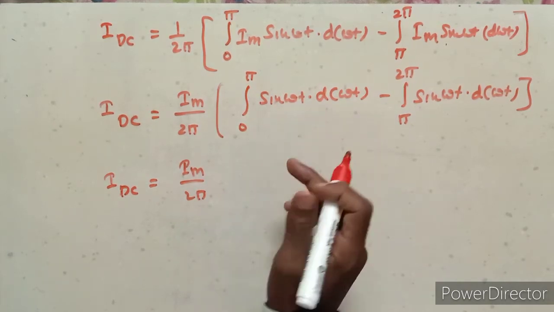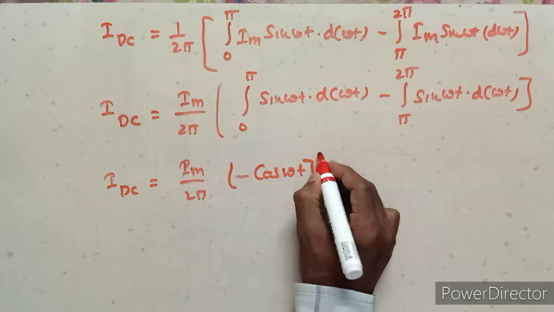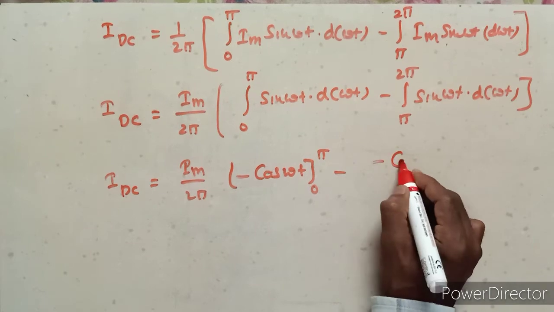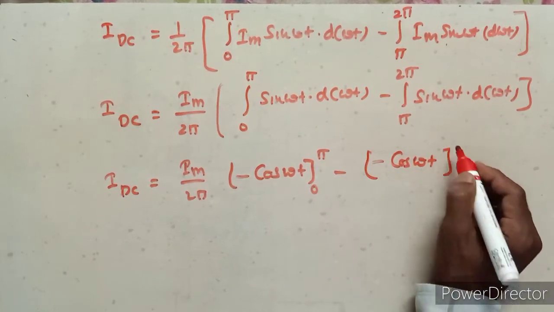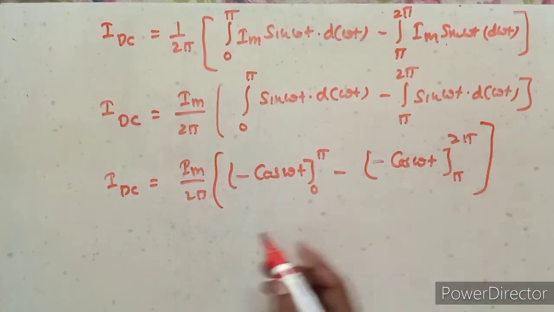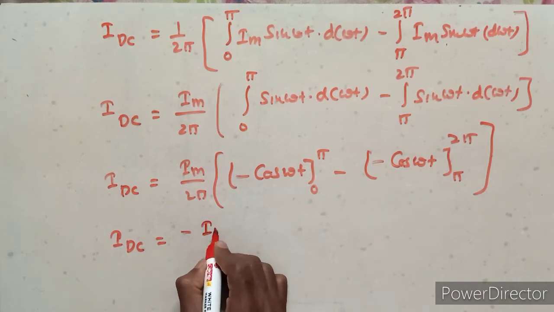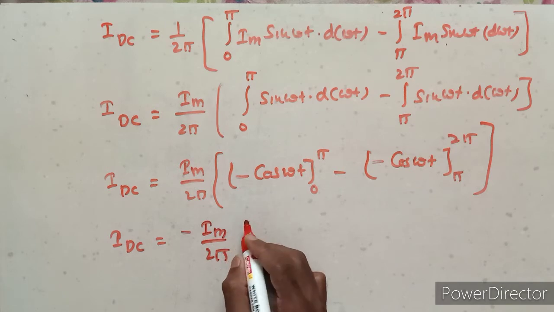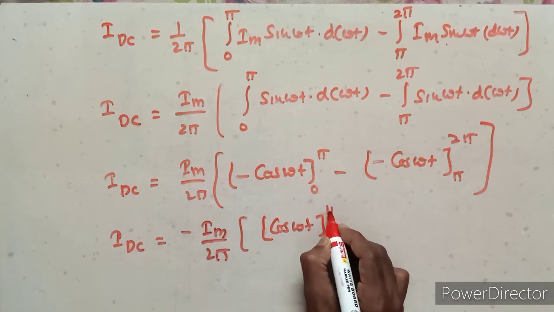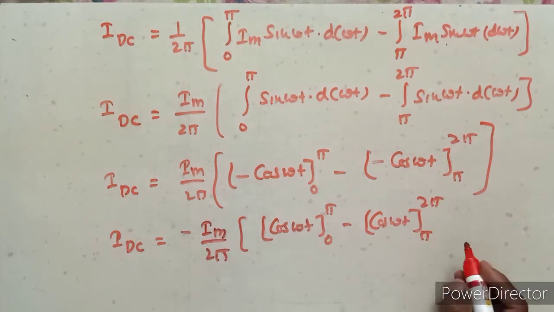Here the integration of sin omega t is minus cos omega t, with boundaries 0 to pi, minus minus cos omega t with boundaries pi to 2 pi. Here minus is common. So the I dc current equals minus Im upon 2 pi, cos omega t with boundaries 0 to pi, minus cos omega t with boundaries pi to 2 pi.